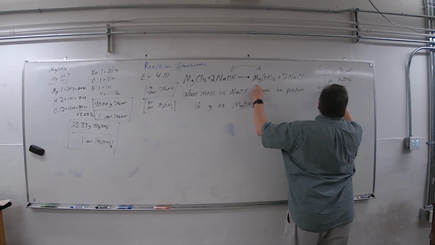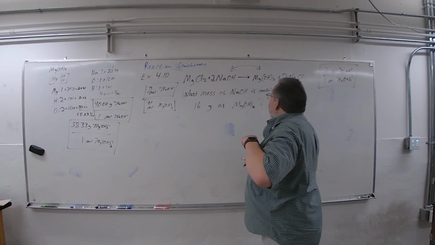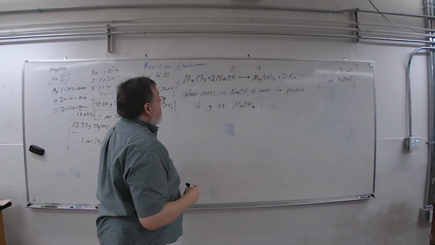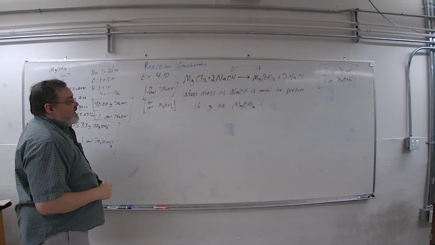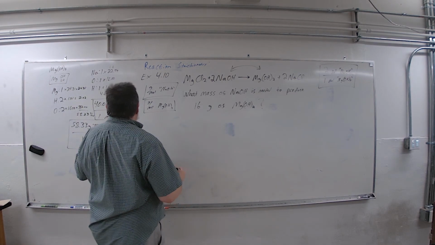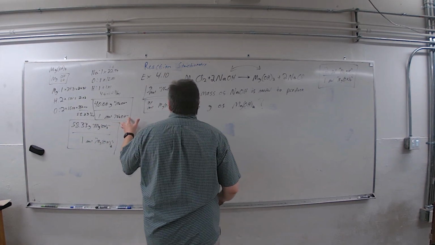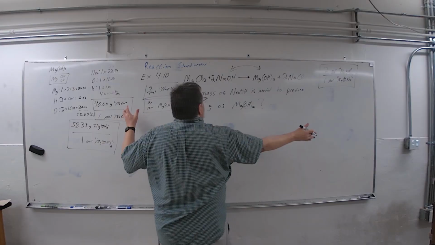That's the relationship we need. 1 Mg, 2 OHs, 2. Okay, that's right. And then the only other number up here, there's these two things we're going to use. You look back at the problem.